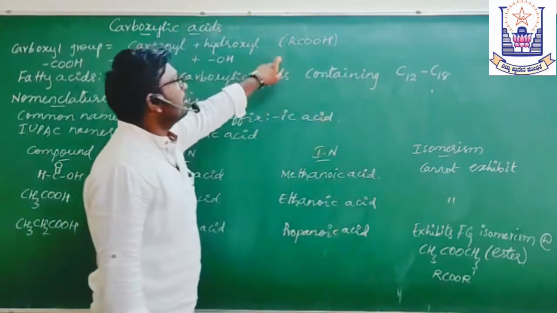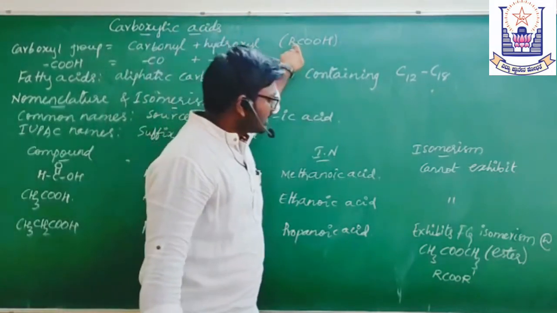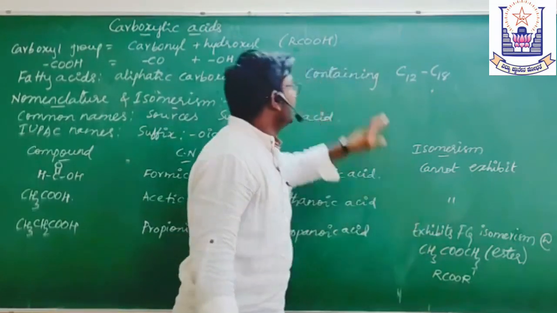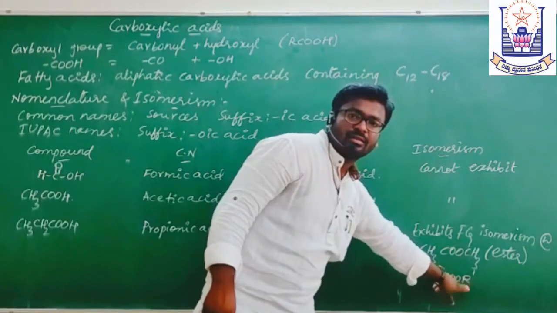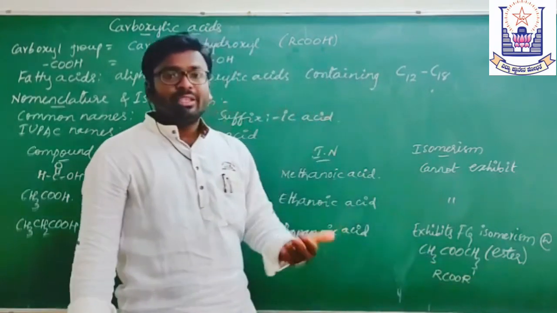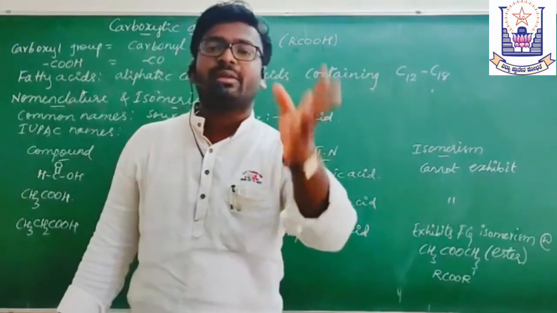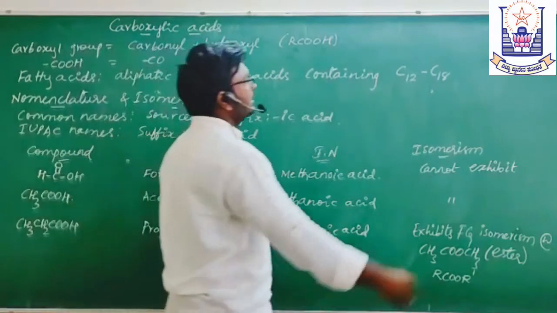What is the general formula of the carboxylic acid? RCOOH. What is the difference between carboxylic acids and esters? Only the replacement of H with the alkyl or aryl group, R dash. Now we can call these carboxylic acids and esters brothers. How have we called the aldehydes and ketones?